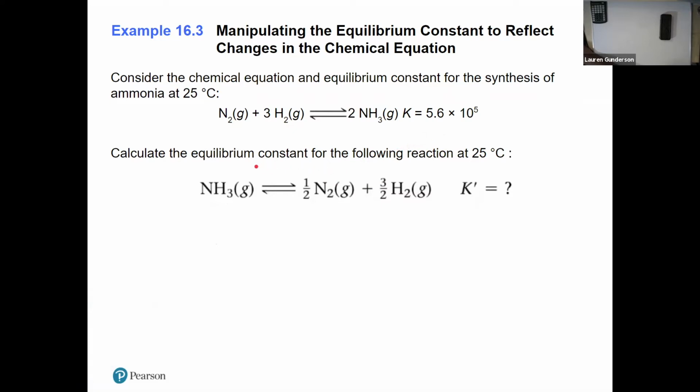And then it's asking us to find the equilibrium constant for this reaction, which is kind of a manipulated version of the equation they gave us initially. So whatever changes that we make to this reaction to get from this point to this point, we have to take care to make the appropriate changes to the K value that goes along with it. All right, so that's what we're going to work on here.